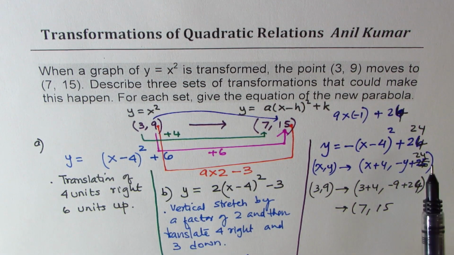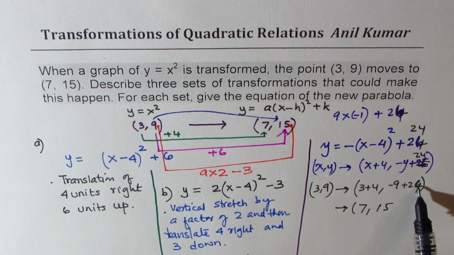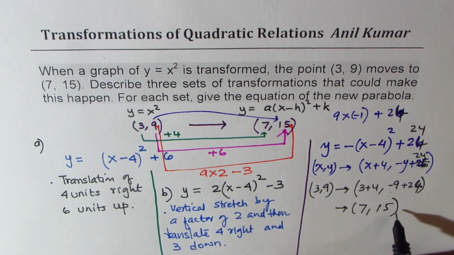So when you take away 9 from 24, if you take away 10, you get 14, so you take away 1 less. So you do get 15 as your solution.